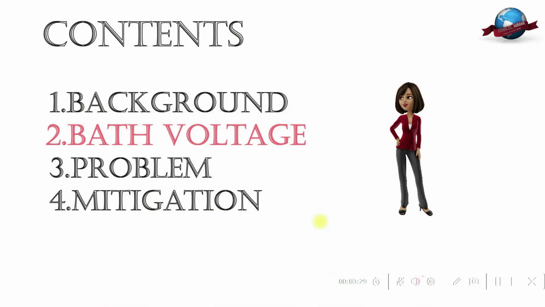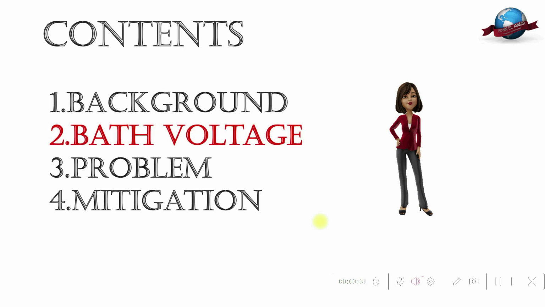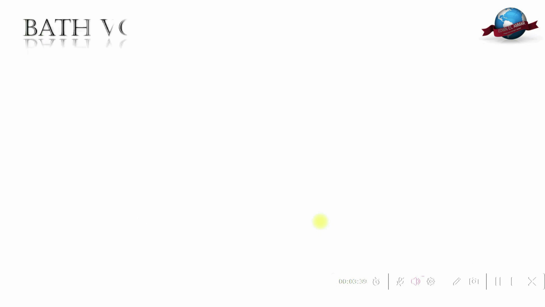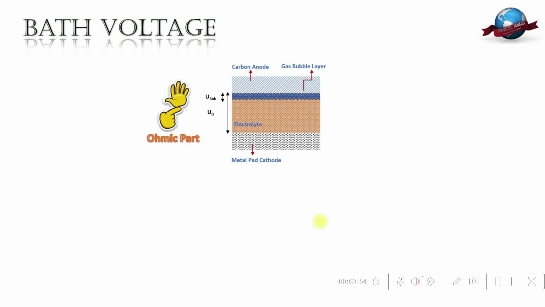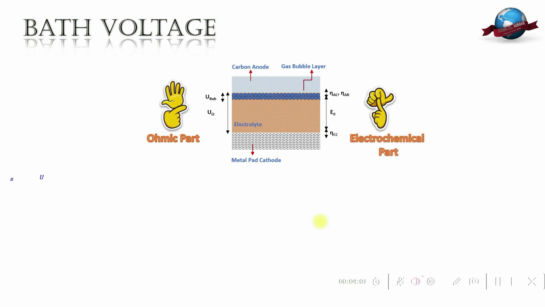2. Bath voltage. Bath voltage consists of ohmic voltage, U ohm, plus electrochemical voltage, U elec.